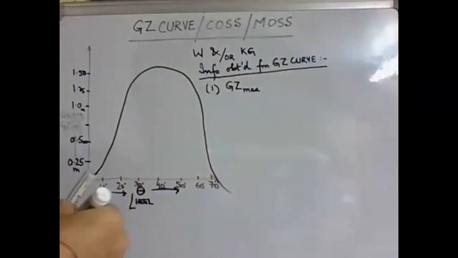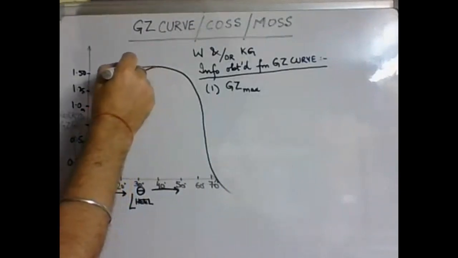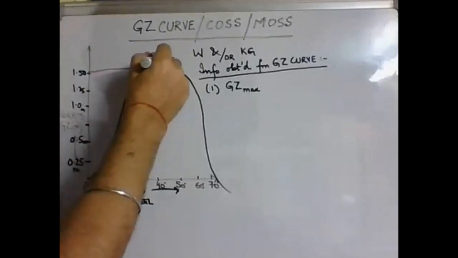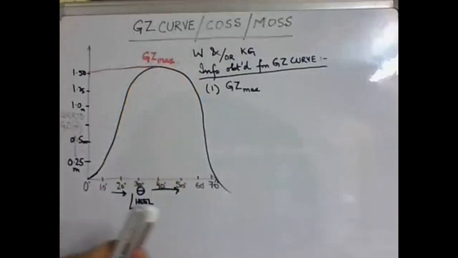First one is GZ max, maximum GZ. This value gives me the GZ maximum, whatever I read off on the y-axis.